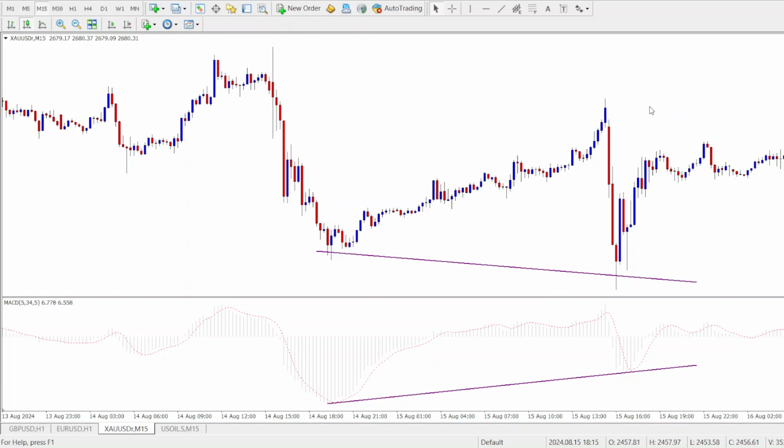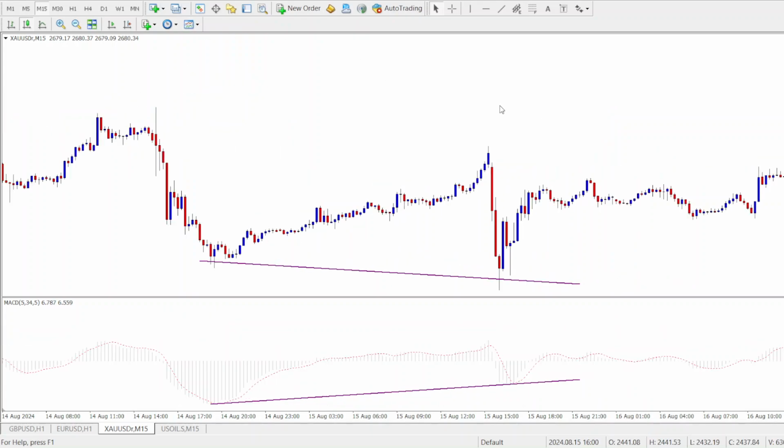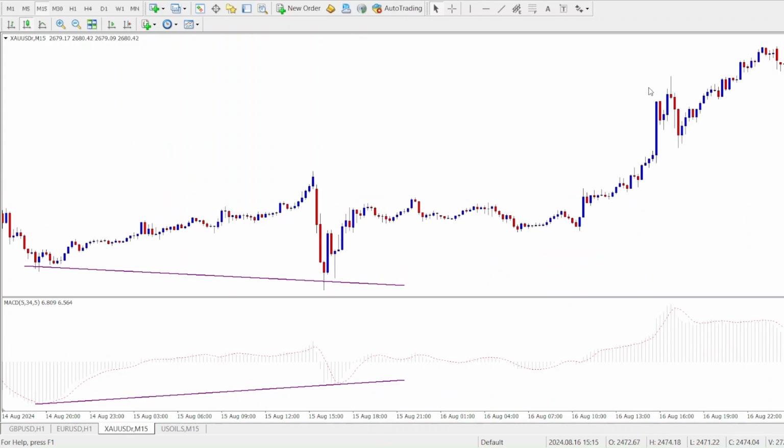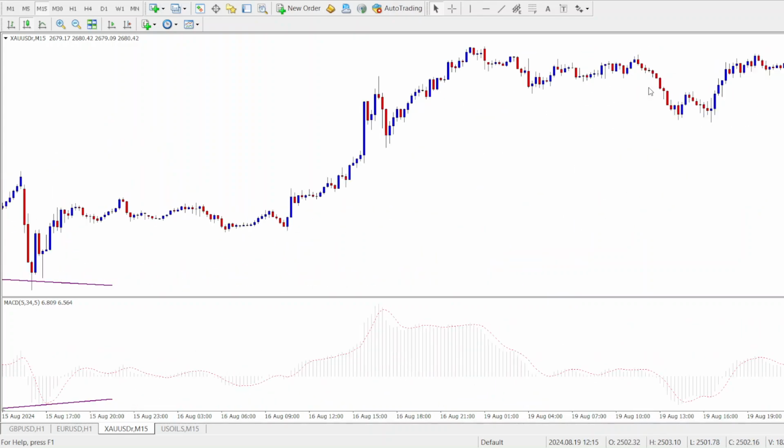One thing you should note is that for the bearish regular divergence, we use the highs, and for the bullish regular divergence, we use the lows. So for a bearish regular divergence, price will be making higher highs, while the MACD will be making lower highs.